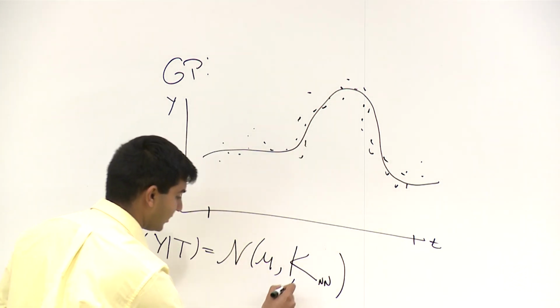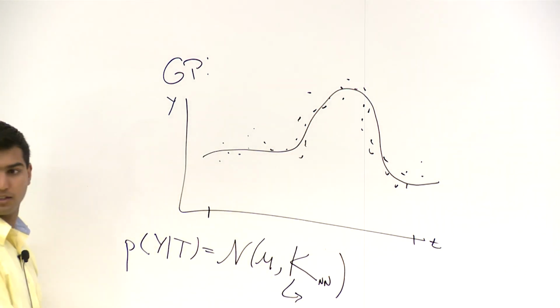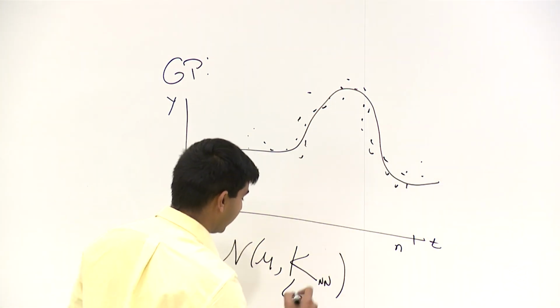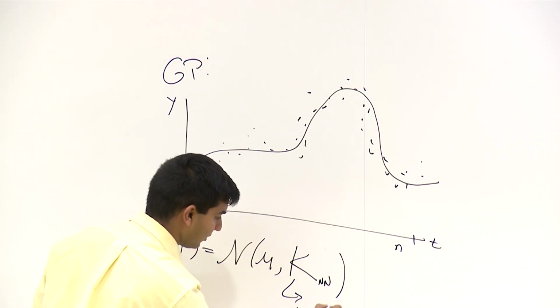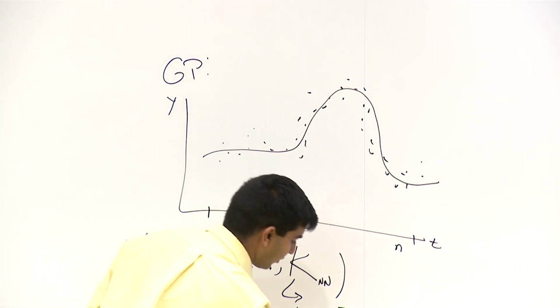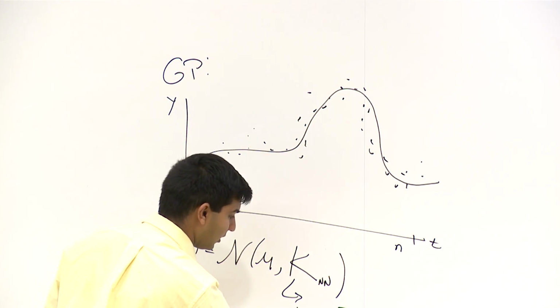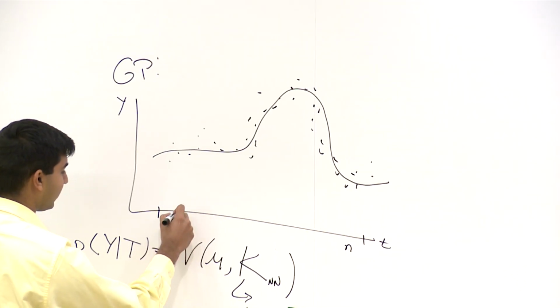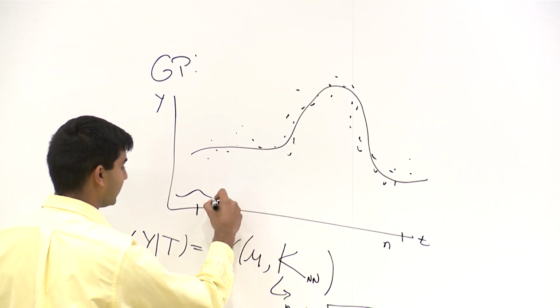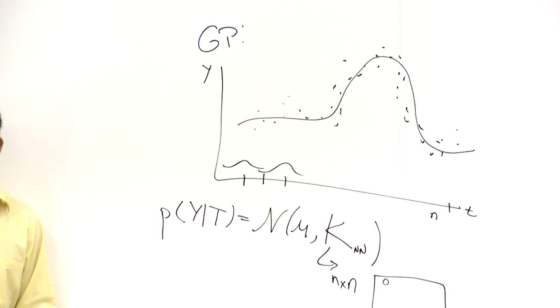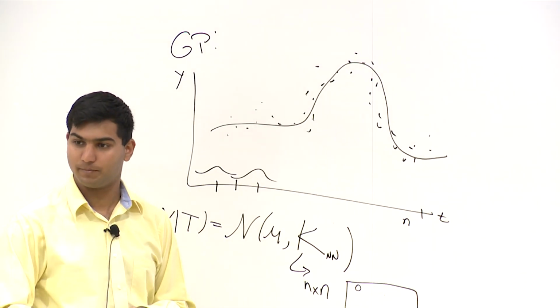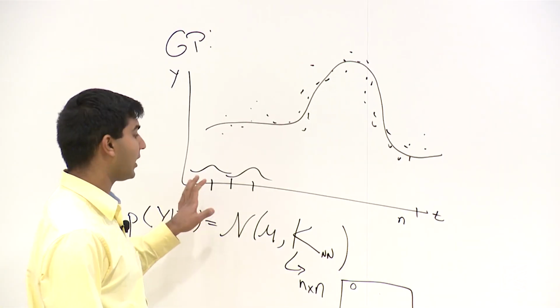And the important thing is that this kernel function, this covariance, is basically, if I have n points, an n by n matrix, where each entry represents how similar the times are to each other, right? So it learns a kernel function between distances. Does that make sense? And then projects that using a multivariate normal. It depends on what kind of kernel you use.